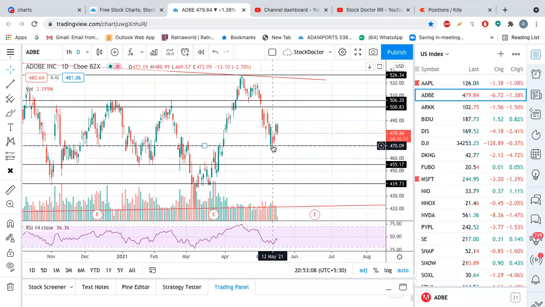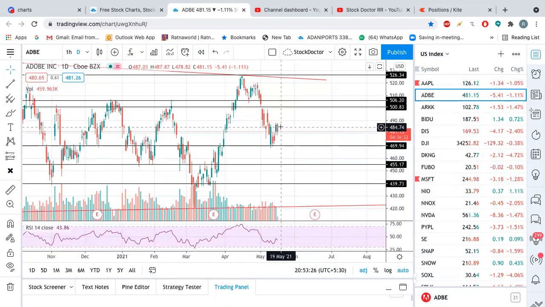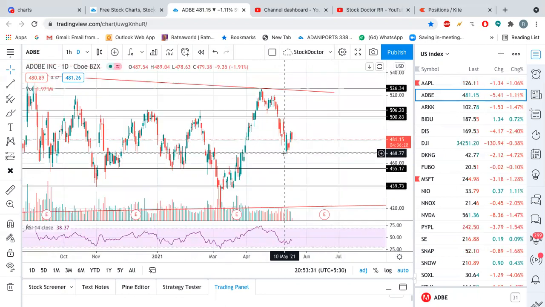A few days back, it gave us the opportunity to buy at that level, and right now it is between the support and resistance. The resistance is at $500 and the support is at 470 levels. So right now it is in the middle of the support and resistance.